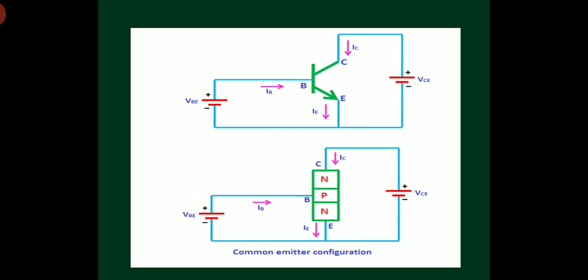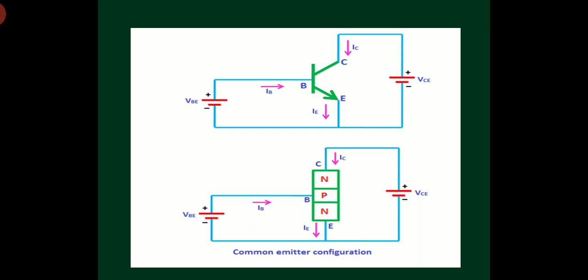The diagram at the top of the screen is the circuit diagram. In the schematic, the NPN is replaced by the symbol of an NPN transistor. Make sure that for an NPN transistor, the arrow mark on the emitter region shows the direction of current flow.